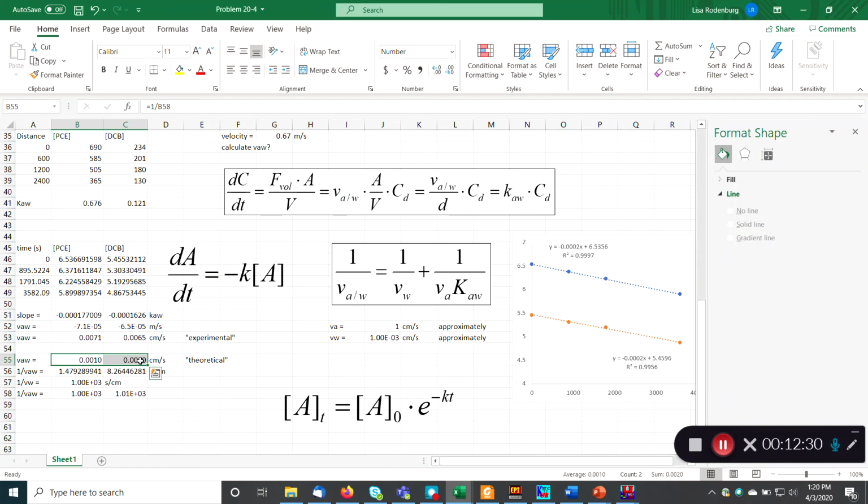So to two significant figures, these two compounds would have very close to the same mass transfer coefficient, at least when you use the theoretical application, because you notice VW is the thing that's really driving the overall mass transfer. If the Henry's law constants were much smaller, if KAW is smaller, then this whole term is larger, and this term starts to drive the mass transfer coefficient much more importantly or rapidly.